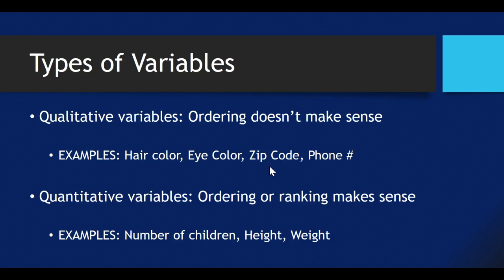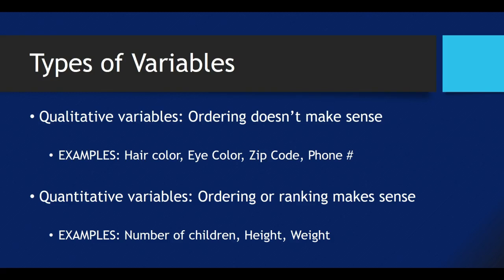Whereas something like zip code, even though zip code has a number value for it, we don't actually call that a quantitative variable. That's a qualitative variable. So zip code is a qualitative variable because we wouldn't say naturally that this zip code is above this one or things like that. Zip codes have some relation to location, but that's not the complete story.